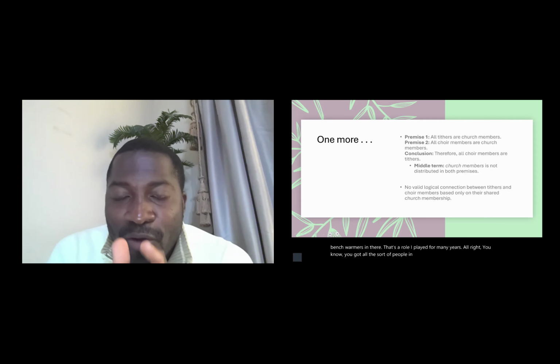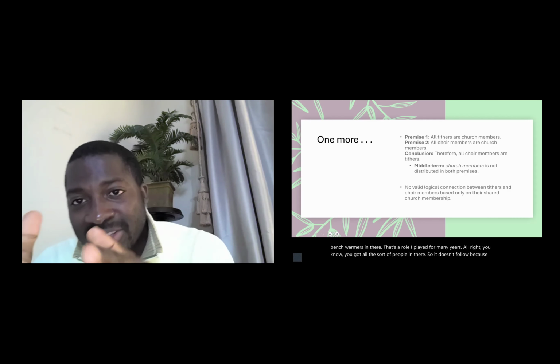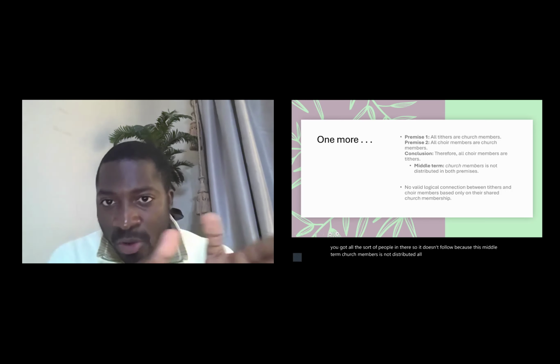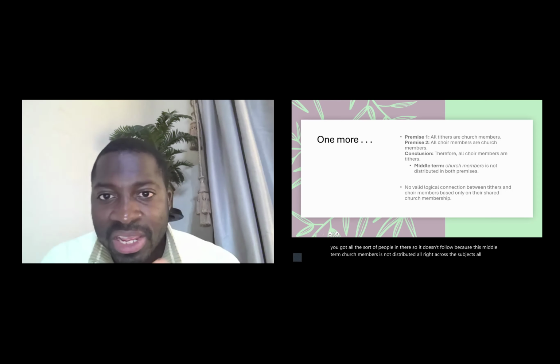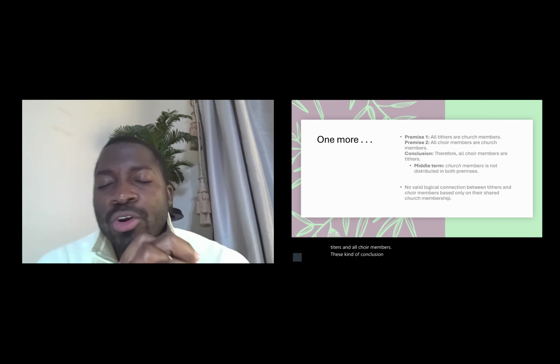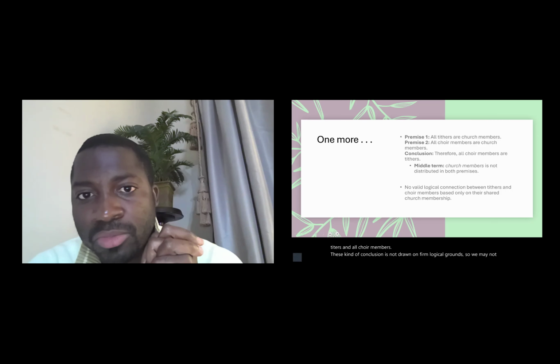So it doesn't follow, because this middle term, church members, is not distributed across the subjects, all tithers and all choir members. This kind of conclusion is not drawn on firm logical grounds. So we may not say all choir members are tithers.